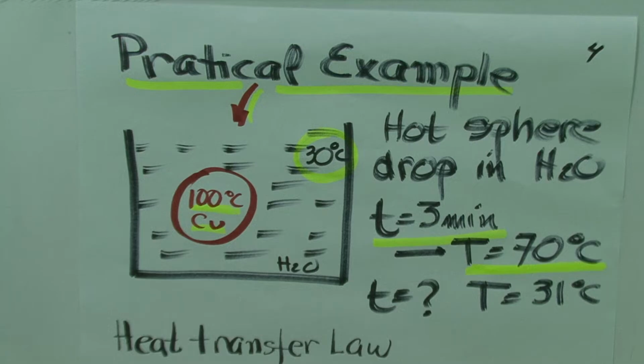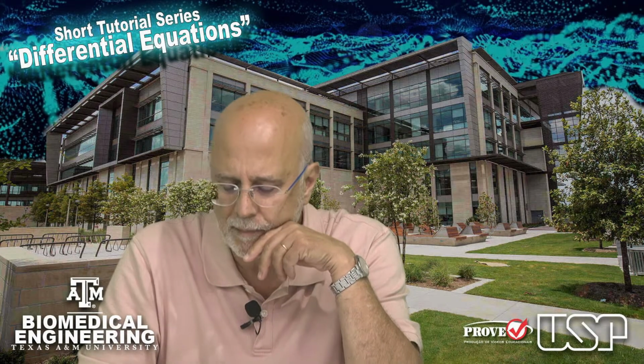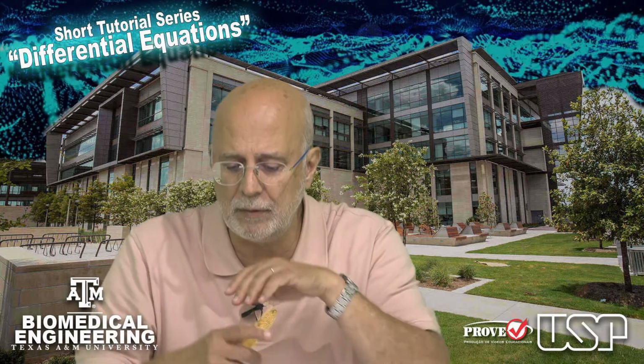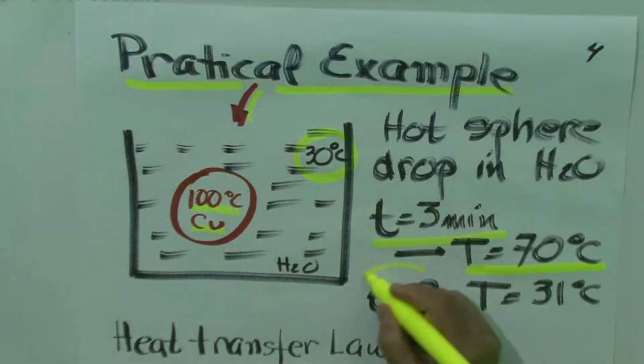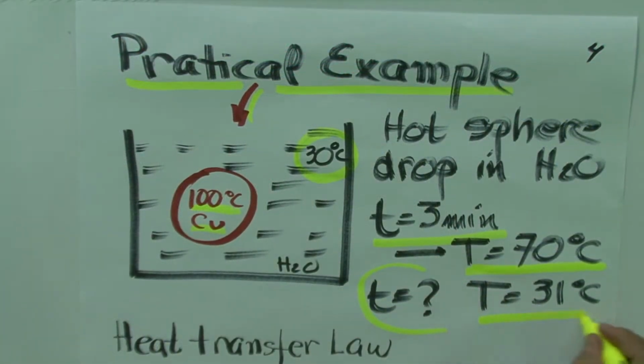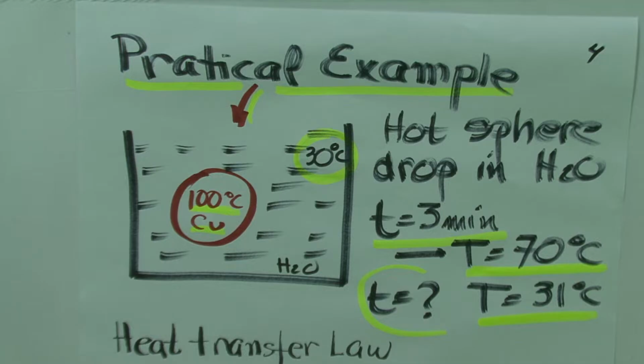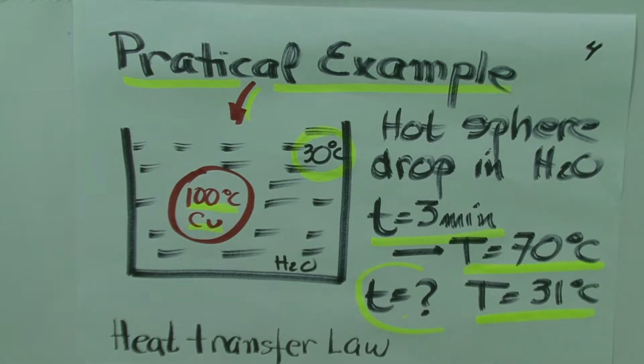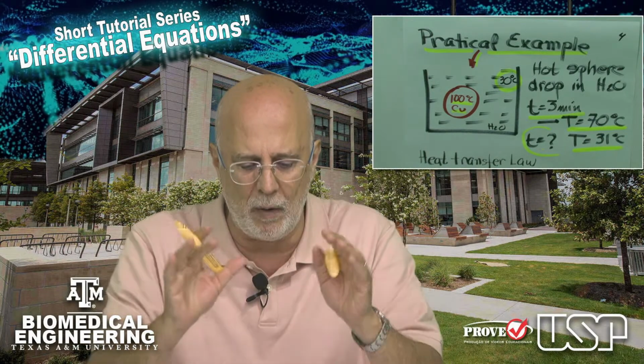Somebody gave us this measure. And we want to know how long I have to wait until the temperature is close to 30 degrees. I put 31 degrees C. So how long should I wait? The problem is very well established.